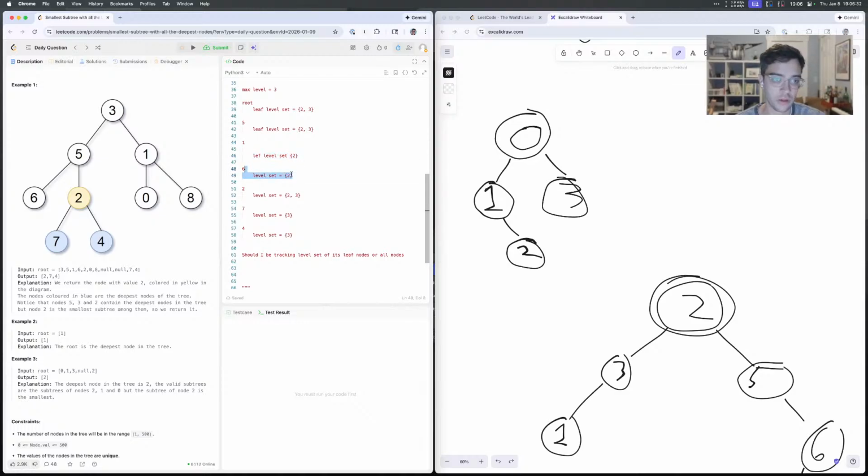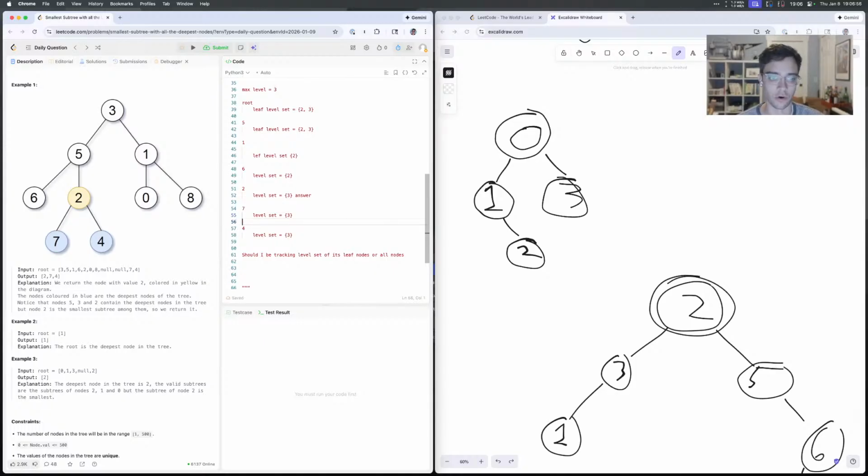Six's level set is just itself, 2. Two's level set is the set of all the nodes at maximum depth, which is 3. That's our answer.